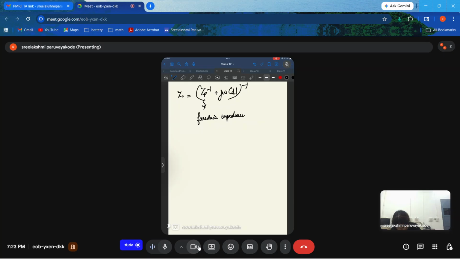Now we are assuming there is no reaction, that is, the Faradaic impedance is infinite. So that means ZF inverse is 0.